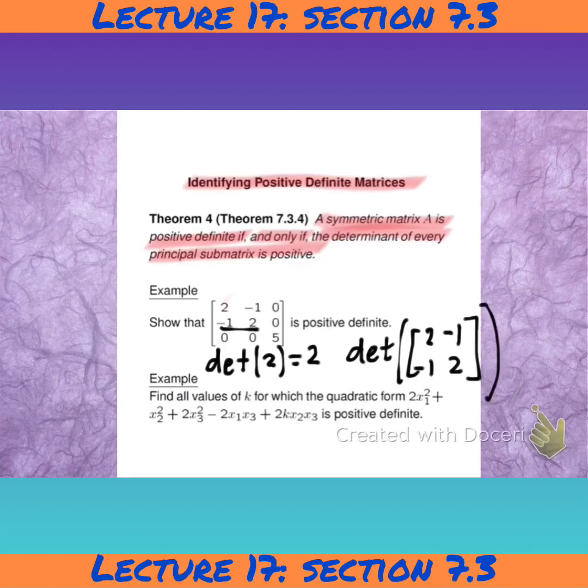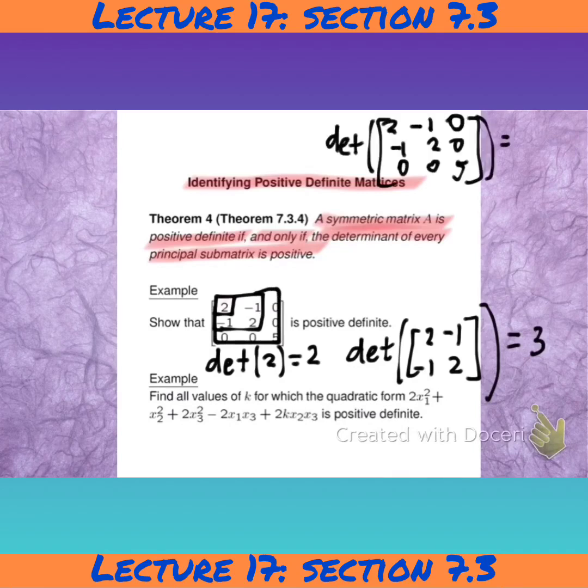We looked at that matrix before, and its determinant is 3. And then the next submatrix is the whole matrix, so its determinant is 15. So that's clearly positive definite.